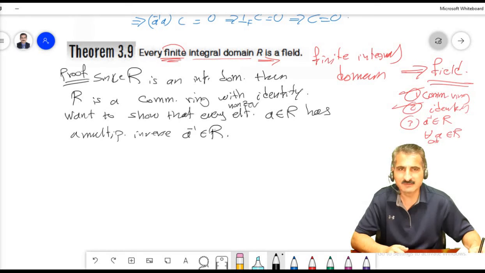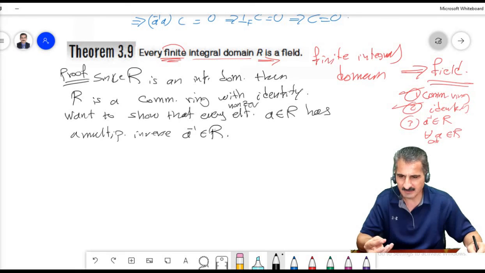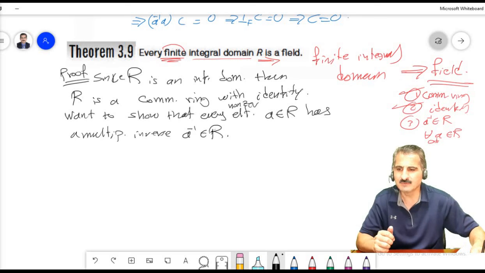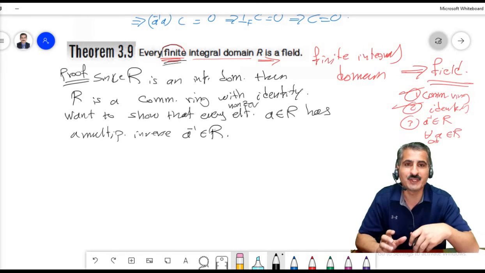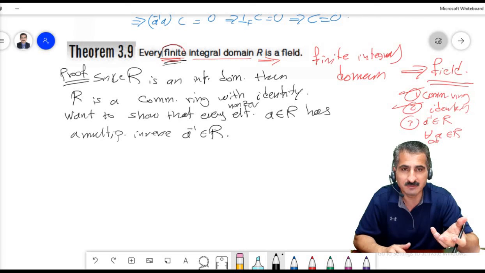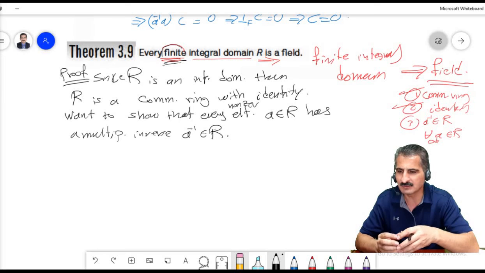Okay, this is what we want to show, and the idea here is clever. We want to use the hypothesis finite, because we know that without it, integral domains might not be fields.